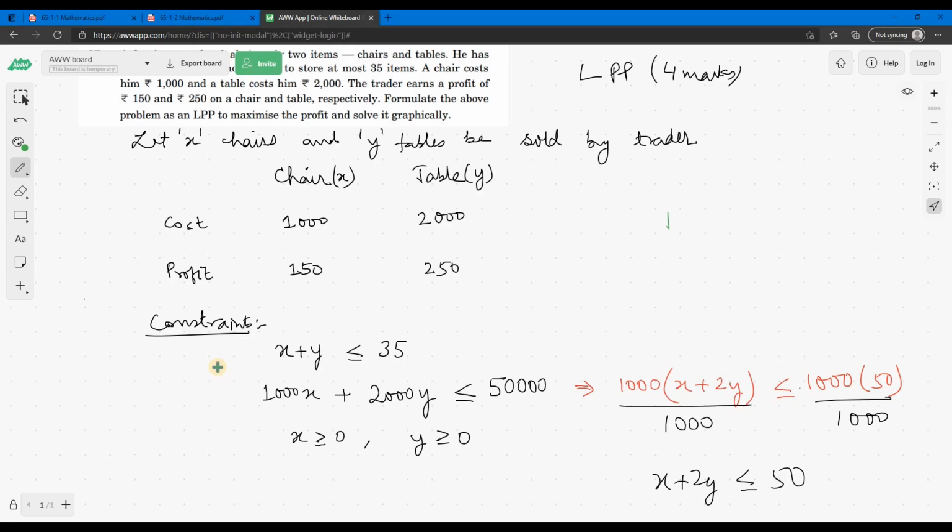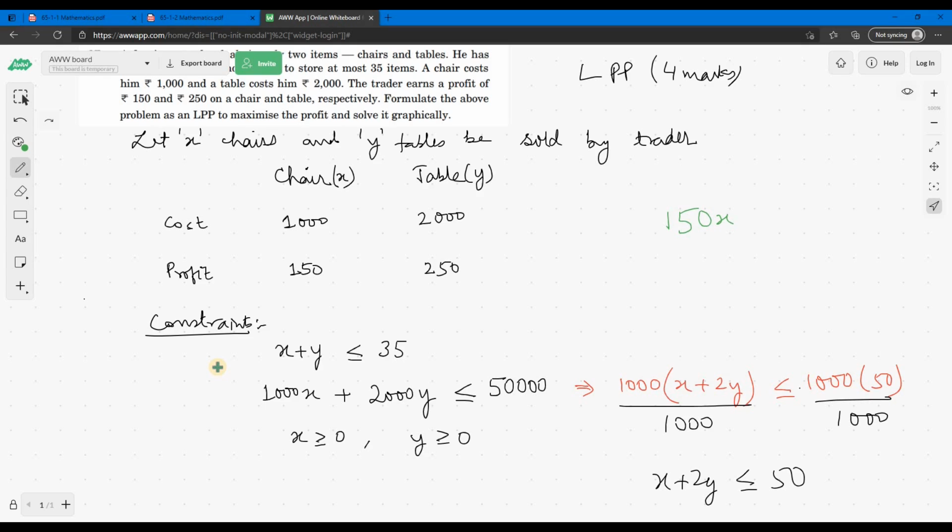So we can write here 150 times x first of all. Then the profit on one table is 250 rupees, so the profit on two tables will be 250 times 2, and on three tables 250 times 3.